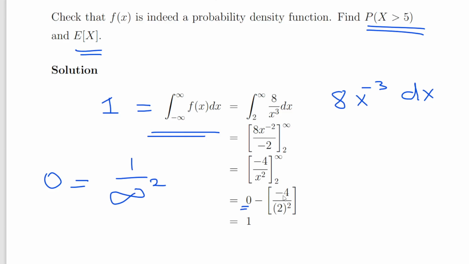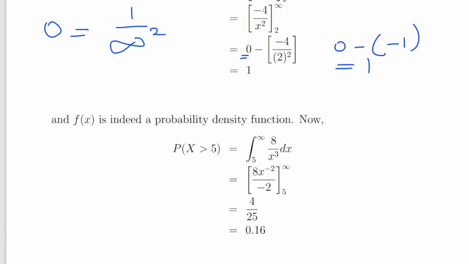When we evaluate the lower limit, when x is equal to 2, we have minus 4 divided by 2 squared. So 0 minus minus 4 over 2 squared is 0 minus minus 1, and that is equal to 1. Okay, so it is indeed a proper probability density function, because it does integrate to 1 over the range of values that we're particularly interested in.